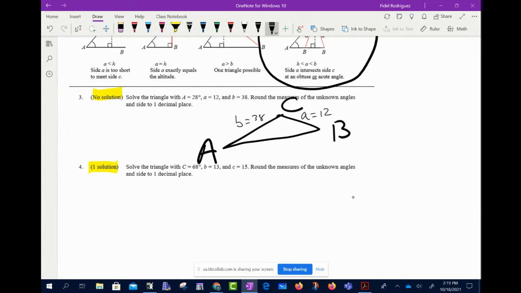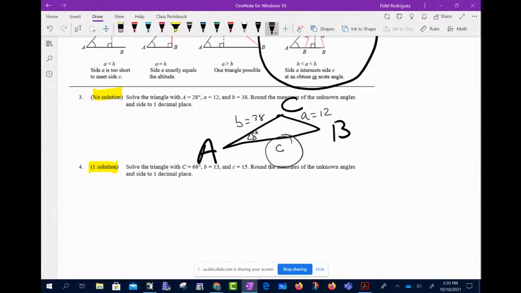What we don't know right now is the side of little c, and we do know that angle A is 28 degrees. So the first thing that would make most sense for me to do, y'all, is to find the measure of side C.